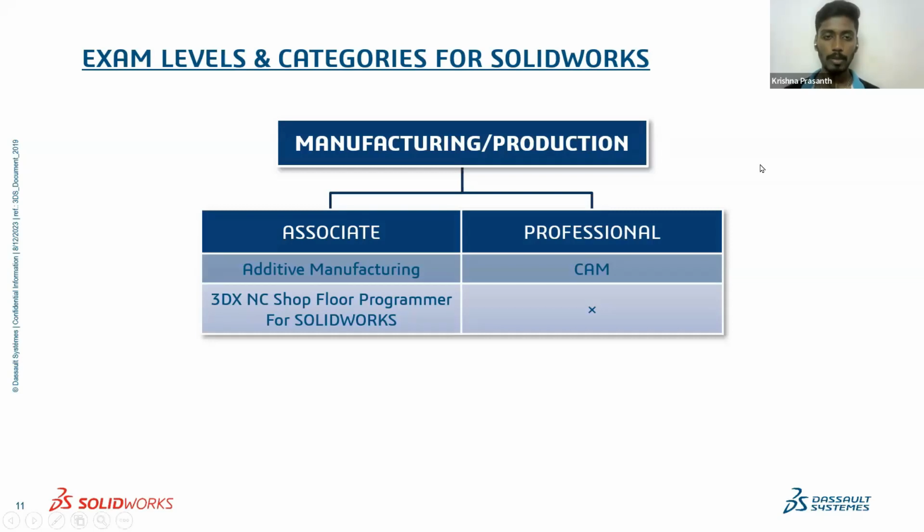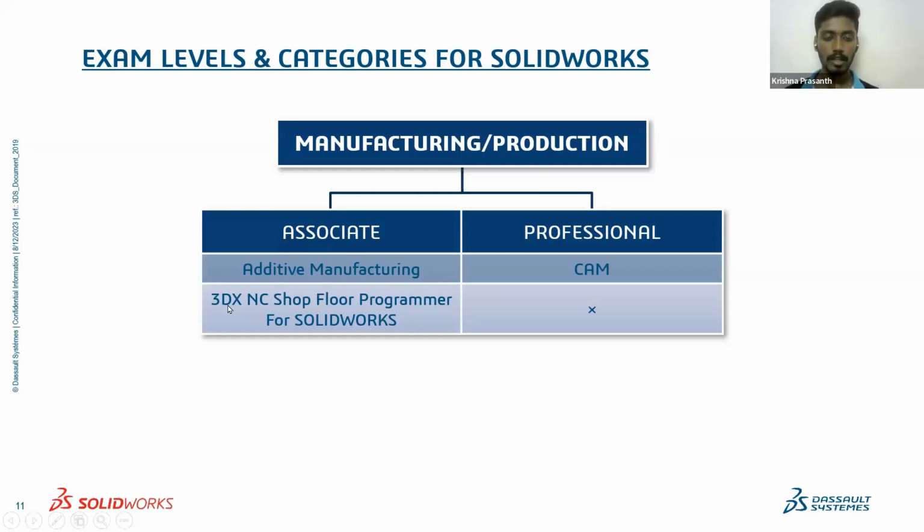The user needs to be proficient with the ways in which additive manufacturing is done, and then they can take the exam. For the sustainability exam also, we have a theoretical part.